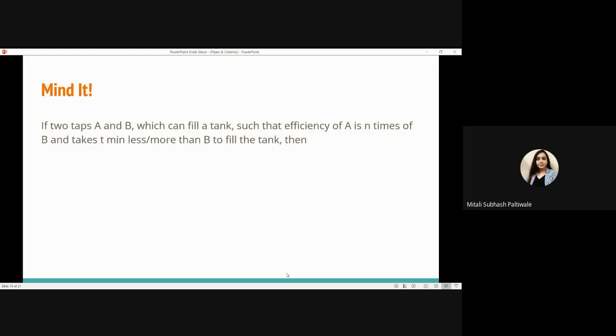Now here, if two taps A and B can fill a tank such that the efficiency of A is n times that of B, and A takes t minutes less or more than B takes to fill the tank.